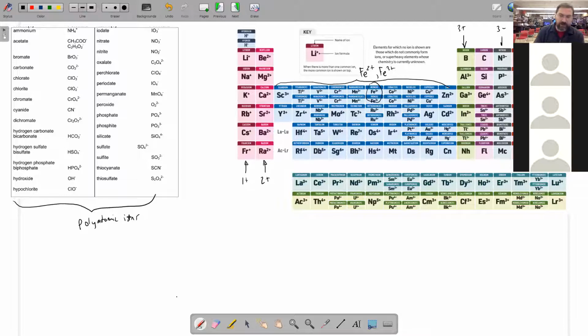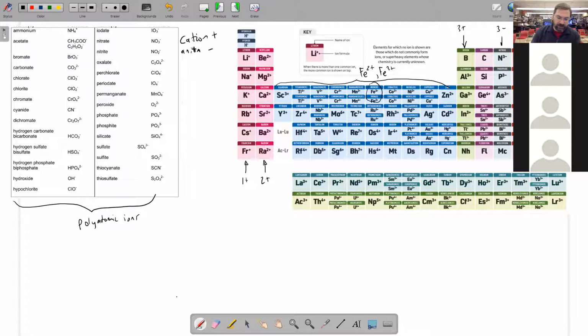And every ionic compound is always formed between one cation and one anion. So a cation has a positive charge and an anion has a negative charge. Every ionic compound is one cation and one anion. There might be more than one of each, but there's one type of cation, one type of anion.